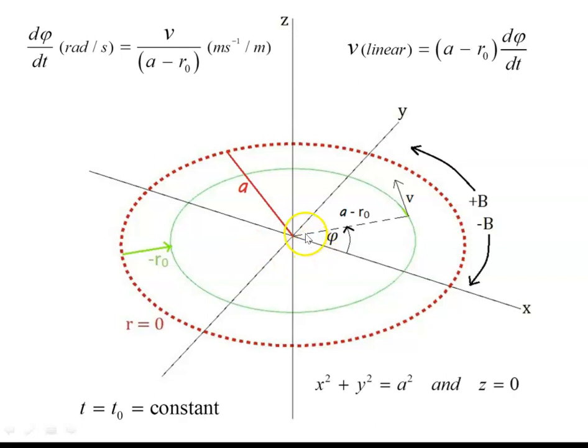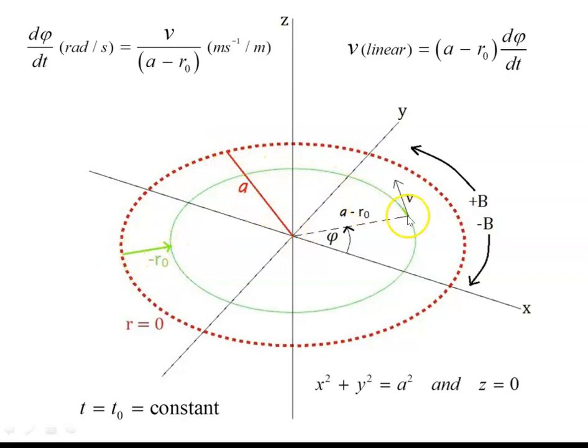And so our observer traveling along this orbit, along this world line, is our observer or our particle traveling on this world line just inside the ring singularity. There's its linear velocity v. Okay, a minus r0 is the radius, because to the radius a we add this negative quantity here.